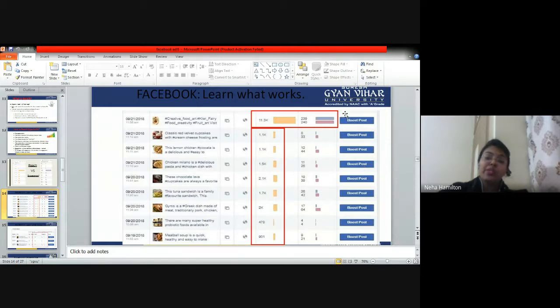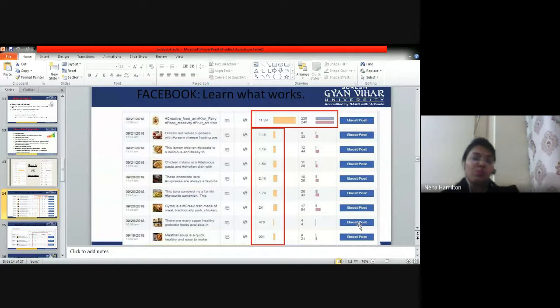Boost post means if you want to again increase the reach, you are not happy here with only 478 people, right? So you want to increase the reach of this particular post from 478 to 1000 people. Okay. Now you want approximately 500 more people to reach, right? So you will click on this boost post.